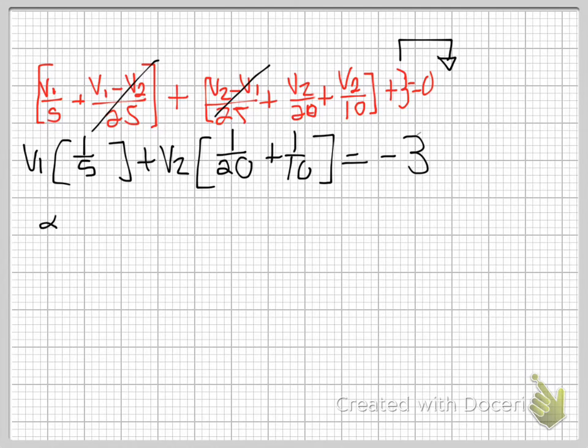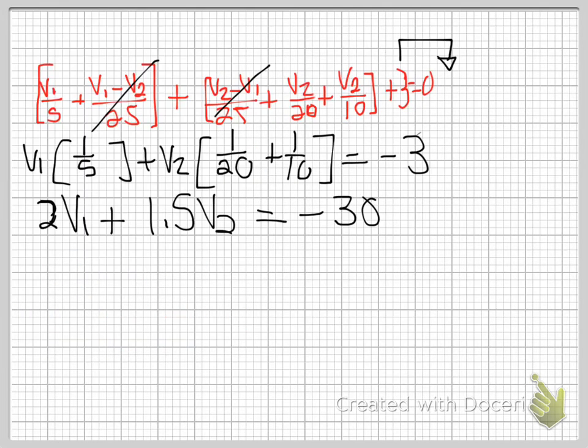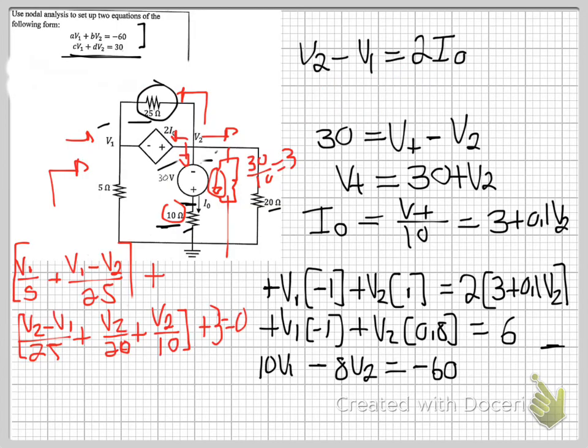This gives you a coefficient of 2 for V1, and you have a coefficient of 1.5 for V2, and this was -30, or the one in positive 30. Okay, so put a positive there and multiply that whole side by -1, and that is the other equation.